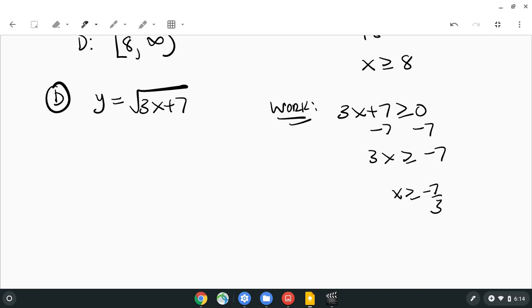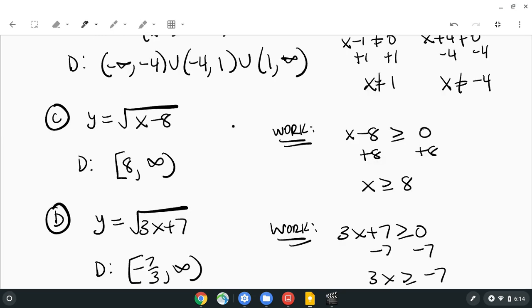That would be your domain: anything greater than or equal to negative 7/3. So our domain here, we start at negative 7/3 and go everything larger than that, so to infinity.